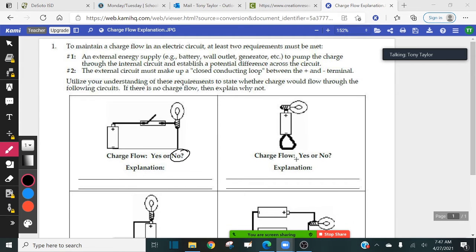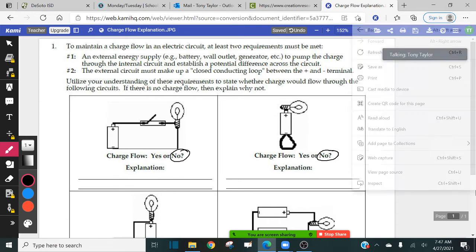Okay, the person that answered me properly, yes, it is no. And it should be obvious why it's no, because notice what requirement 2 says: the closed conducting loop must be between the positive and the negative terminals. Notice this wire is only connected to the negative end. One end has to be connected to the negative, the other end has to be connected to the positive.